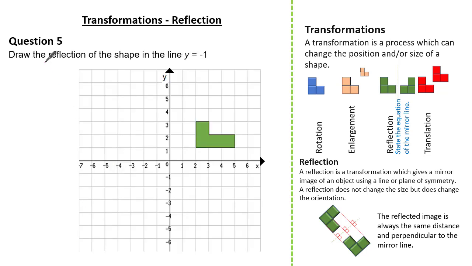Now let's look at another question. Here the question wants us to draw the reflection of the shape in the line y equals -1. See if you can give it a go and press pause if you need. Using our knowledge that the reflected image is always the same distance and perpendicular to our mirror line, let's identify our mirror line first.